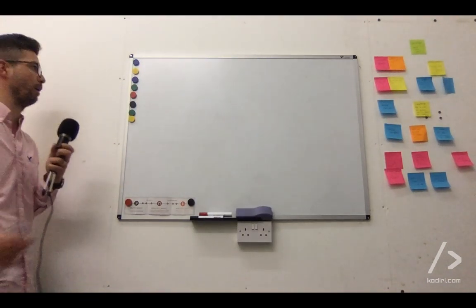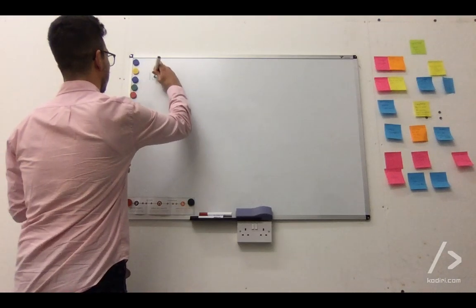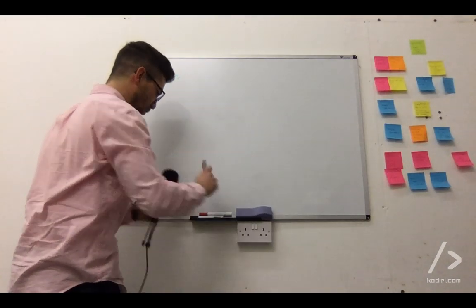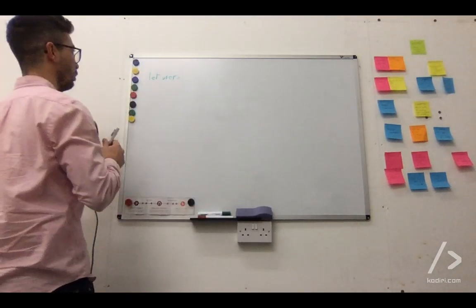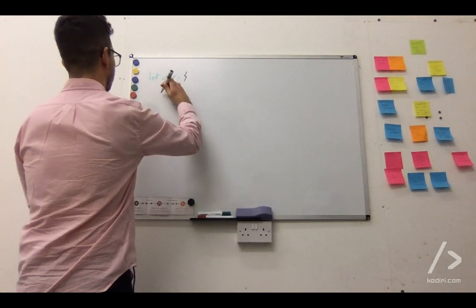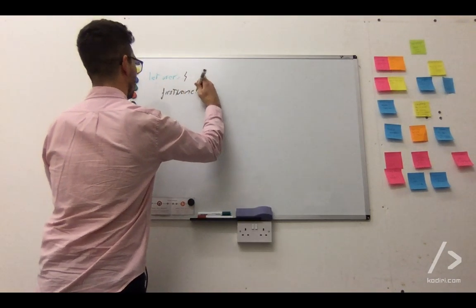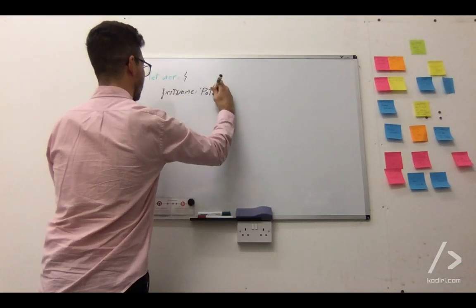So let's talk about prototypal inheritance. I'm going to show you a problem. If I got a variable called let user, and if I got a combination of both, first name Peter, a classic, right?